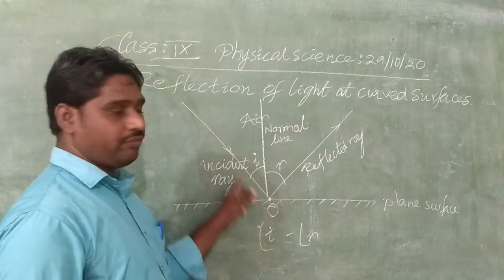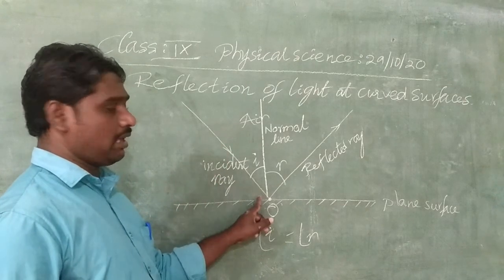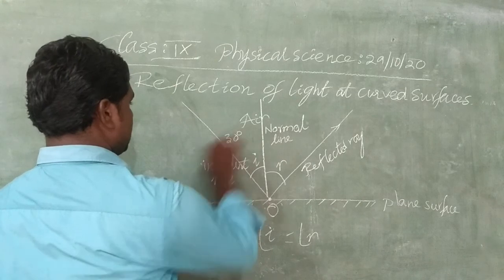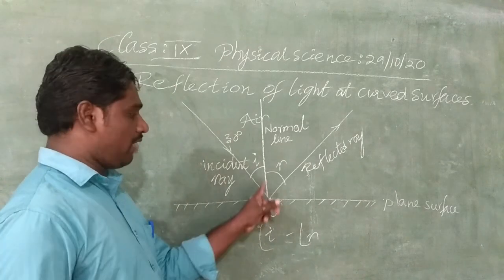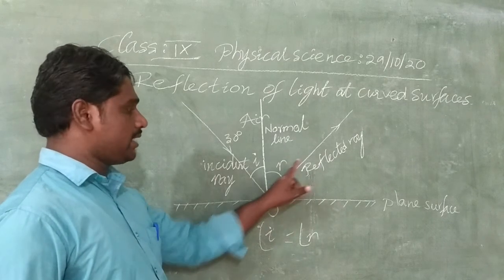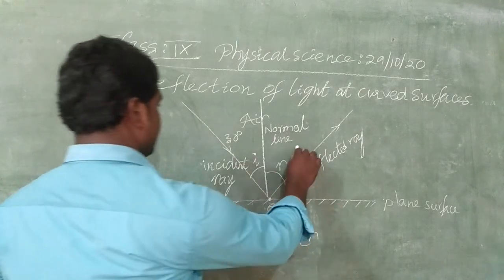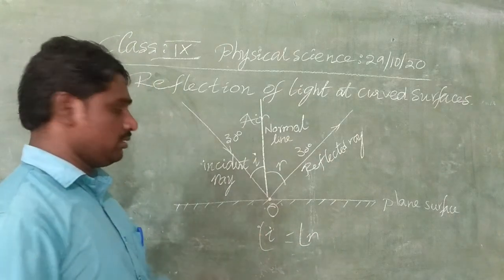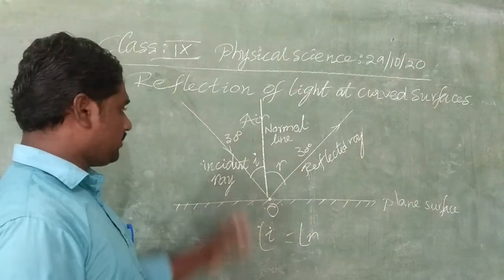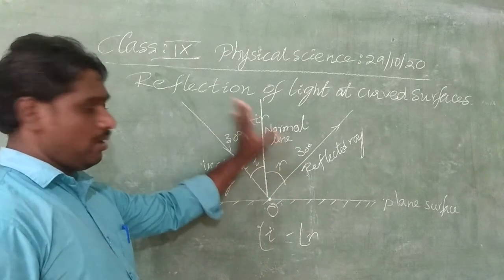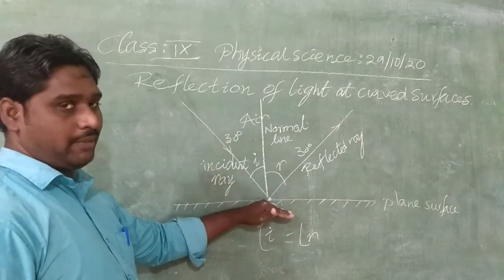So if light is incident on the plane surface at a 30-degree angle, what happens? After reflection, it is reflected from the plane surface at a 30-degree angle. So angle i is equal to angle r. Next, the incident ray, reflected ray, and normal line lie on the same plane.